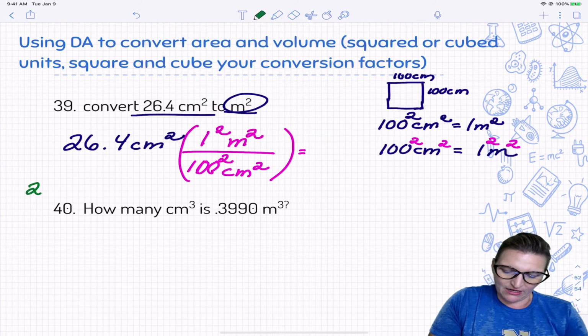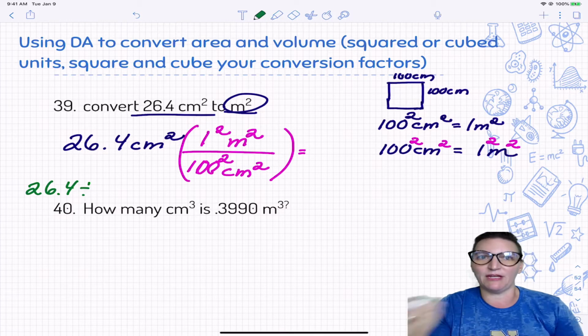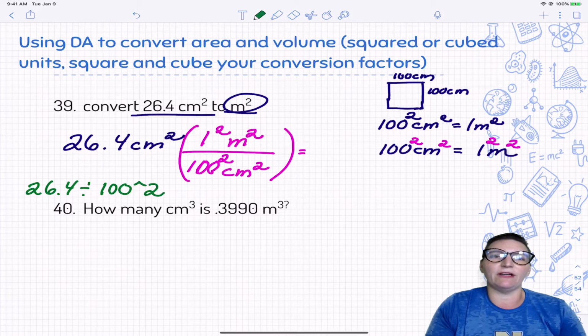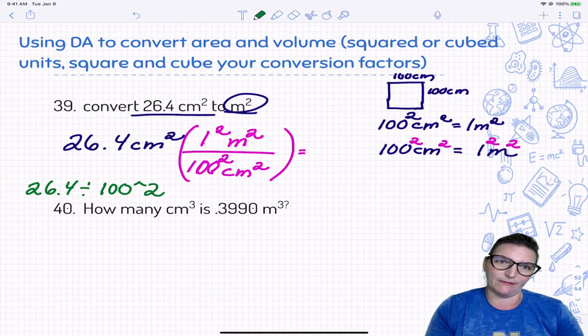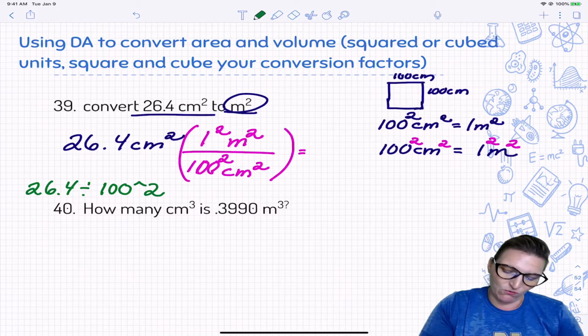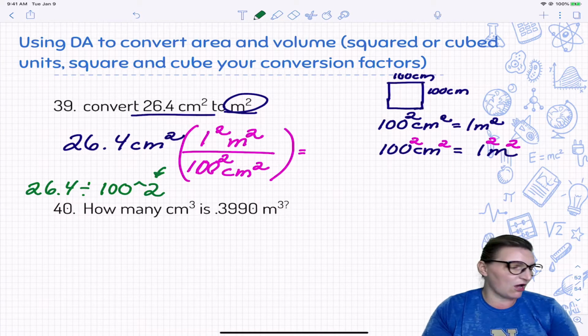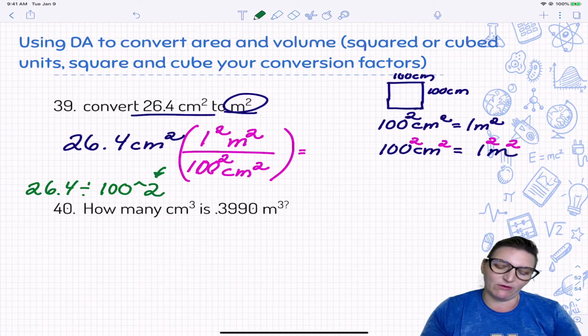I'm plugging in 26.4 divided by, because the 100 is in the bottom, 100, either the caret and the 2 or just 100 squared. I want to make sure that I don't forget to actually plug this part into my calculator. That's the most common mistake that students make with that.